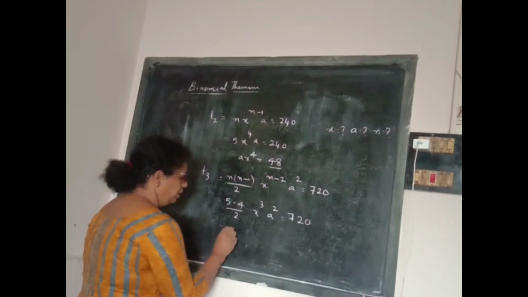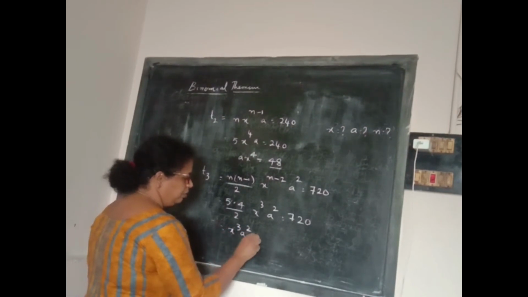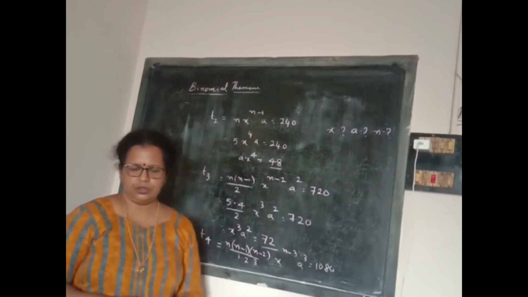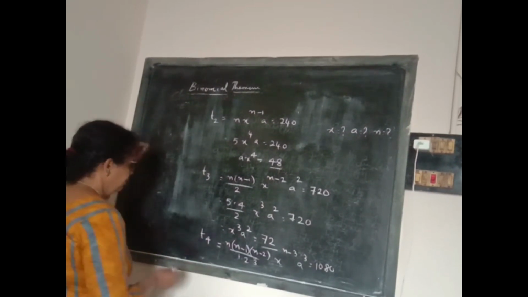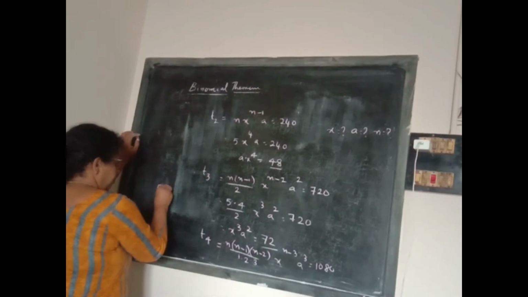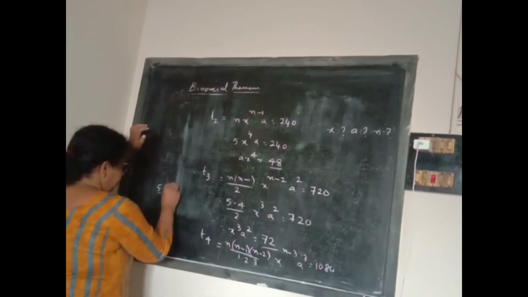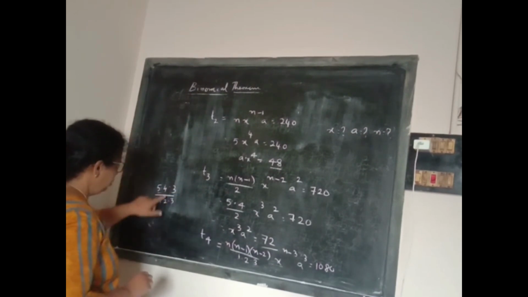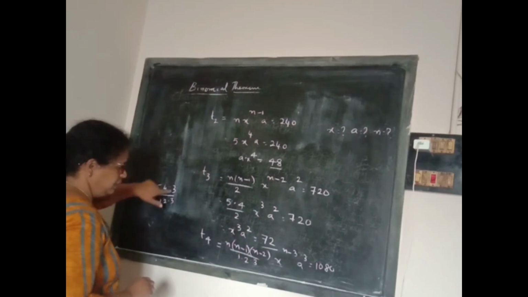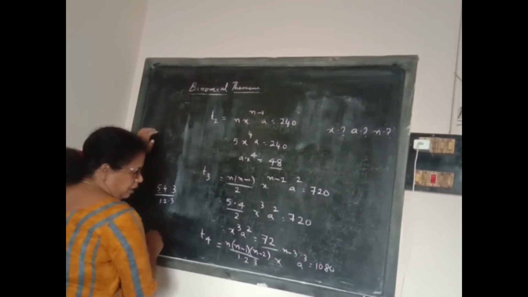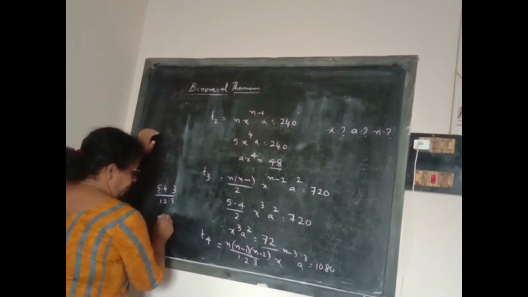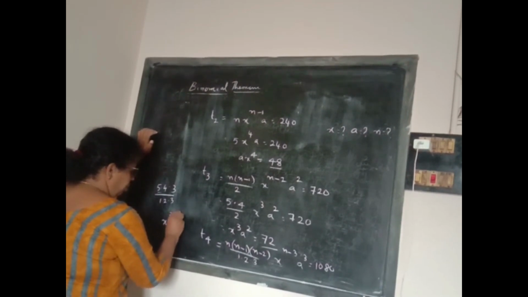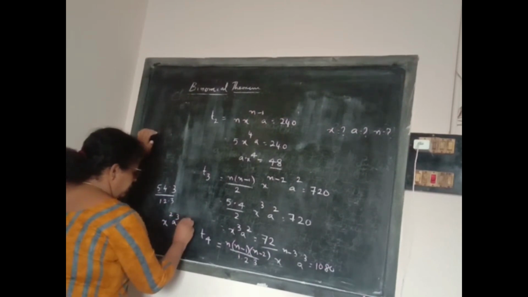So we got x cubed a squared equal to 72. Here also, when we substitute n equal to 5, we will get 5 into 4 into 3 by 1 into 2 into 3, so we get 10. This is again 10. So this is 108, x raised to 5 minus 3 is 2, x squared a cubed equal to 108.